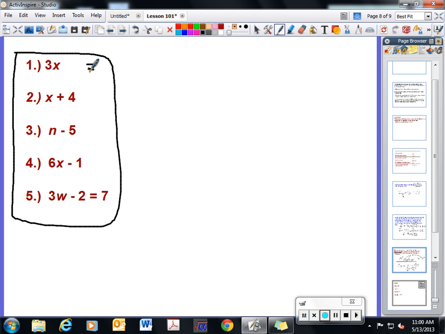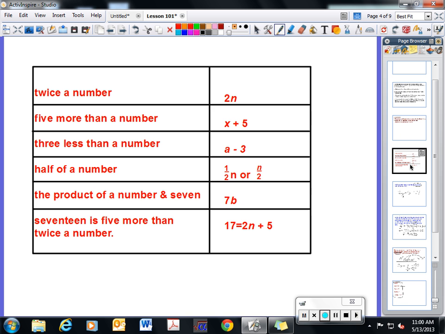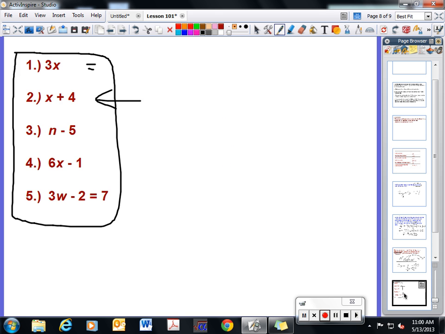You could say that you would take a number 3 times larger. I don't want you to just say x plus 4. I want you to word it in a different way. You can refer back to the table if you want to rewind your recording. So why don't you try those 5?